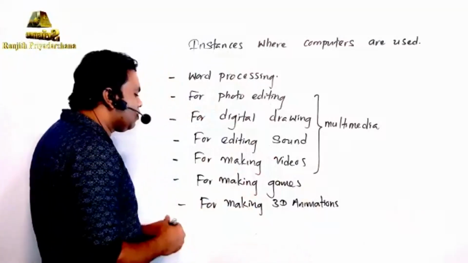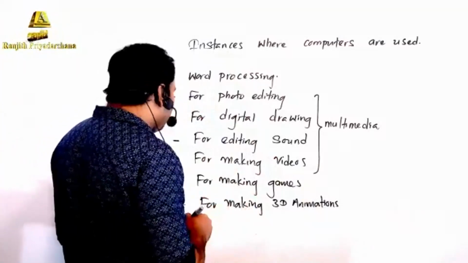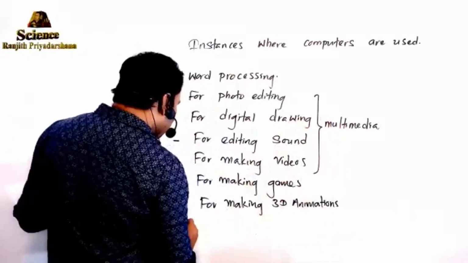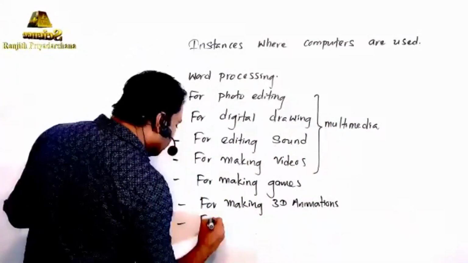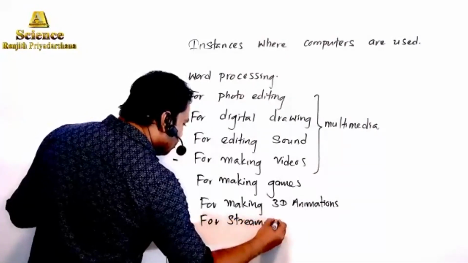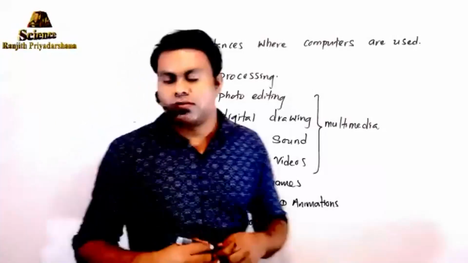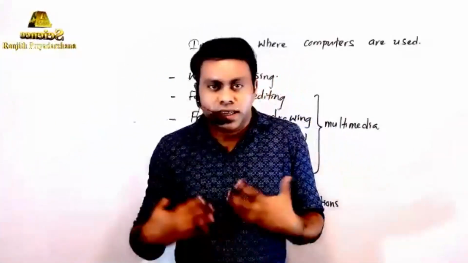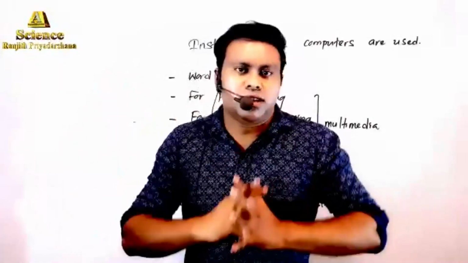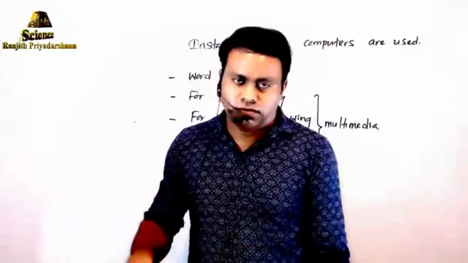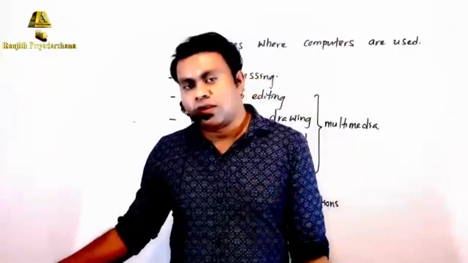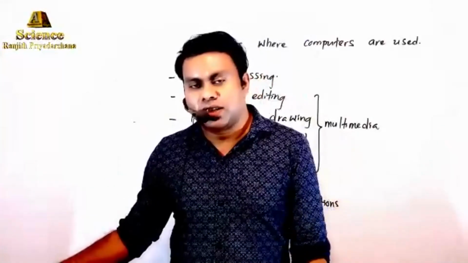Okay, another one for multimedia streaming. It's multimedia for streaming. So what we are doing now is streaming. Can you see, we are streaming? What I am doing is visible to you as a video series, by that platform, through the computer application Zoom.